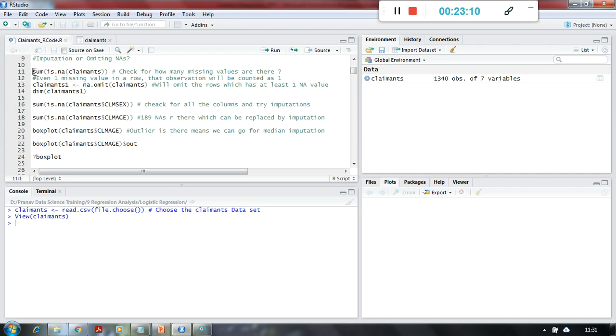To check that, I am asking for the sum of is.na, meaning if there is an NA value in the claimants data set, then give me the total of that. That is the meaning of this line. So there are 290 missing values in this data set.